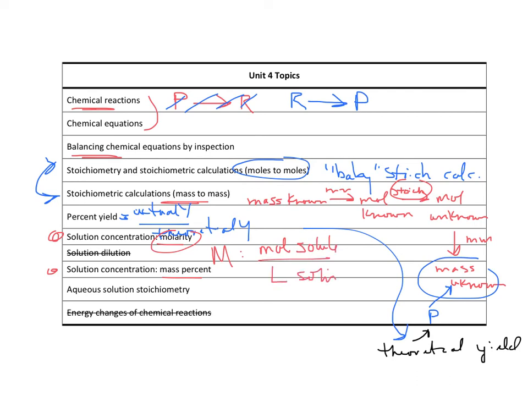And if you remember to unpack that when you're going to do your problem, that will usually help a lot. And if your solution concentration is given in terms of mass percent, what that means is grams of solute per 100 grams of solution. That's what mass percent means.